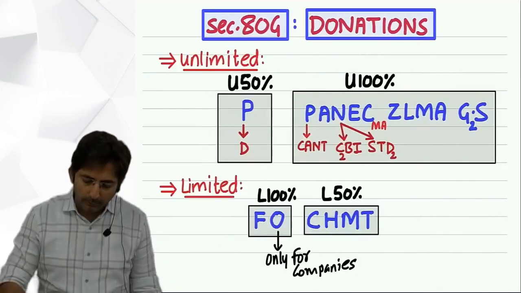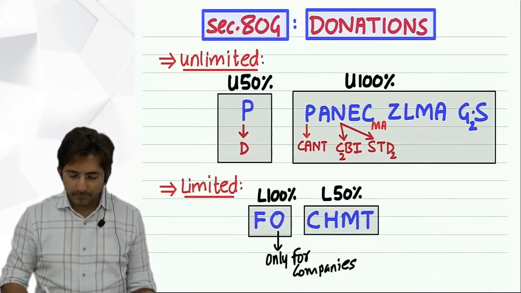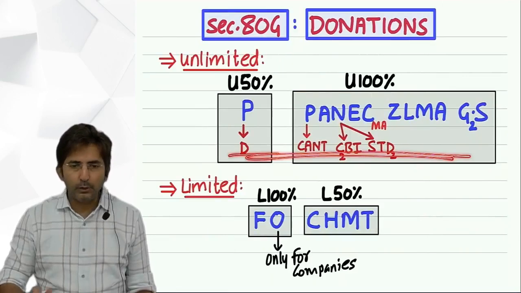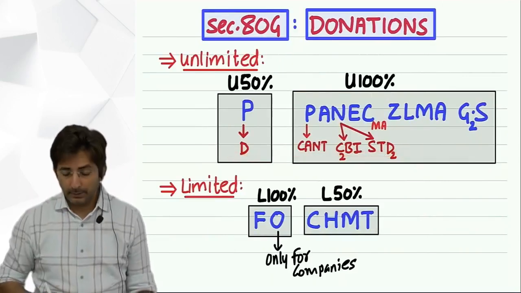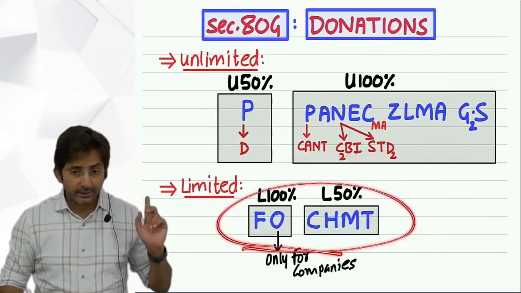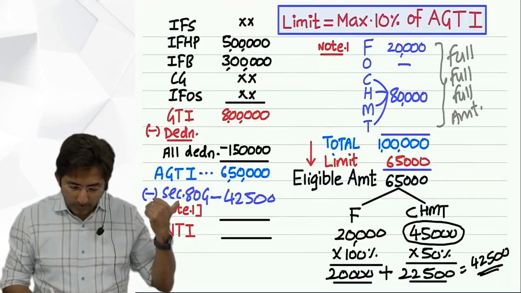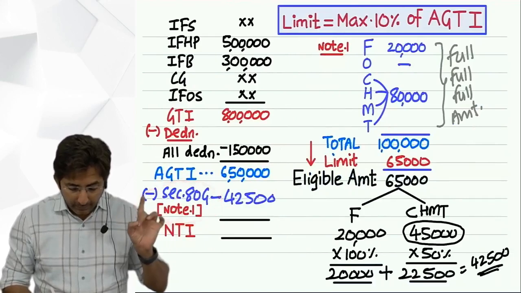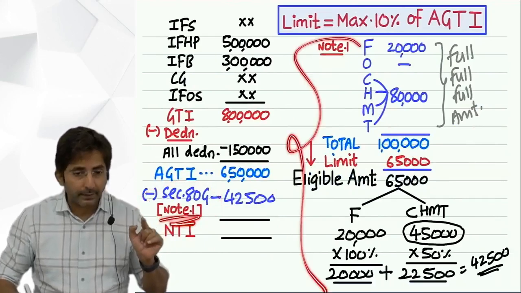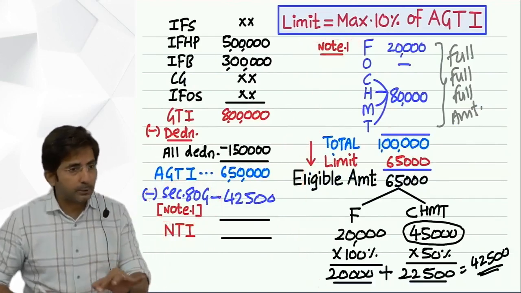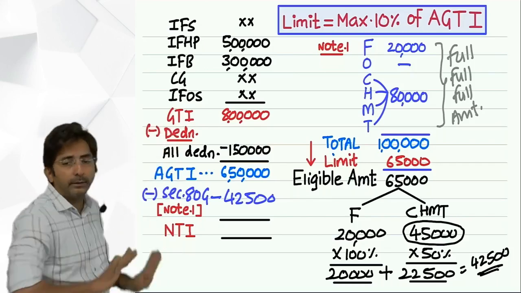And what about the other donations? For those donations, you will not have to prepare a working note. For FOCHMT, did you see? I prepared a separate working note. Here I wrote 80G, then a working note was prepared separately, and I suggest my students literally buy that format only.